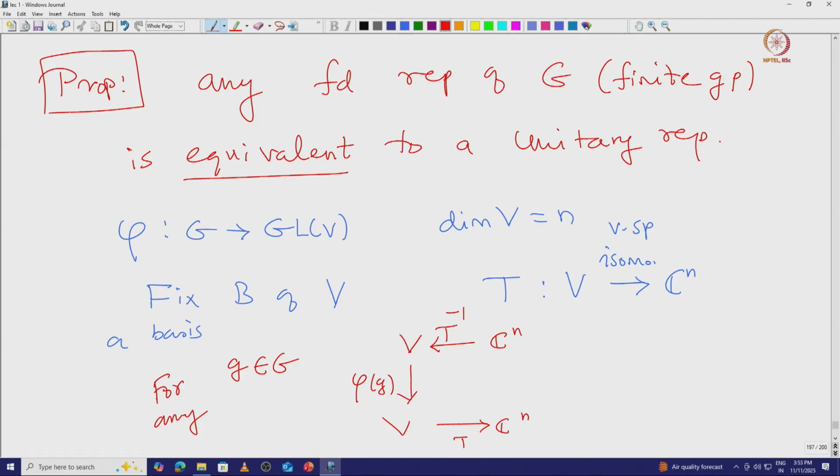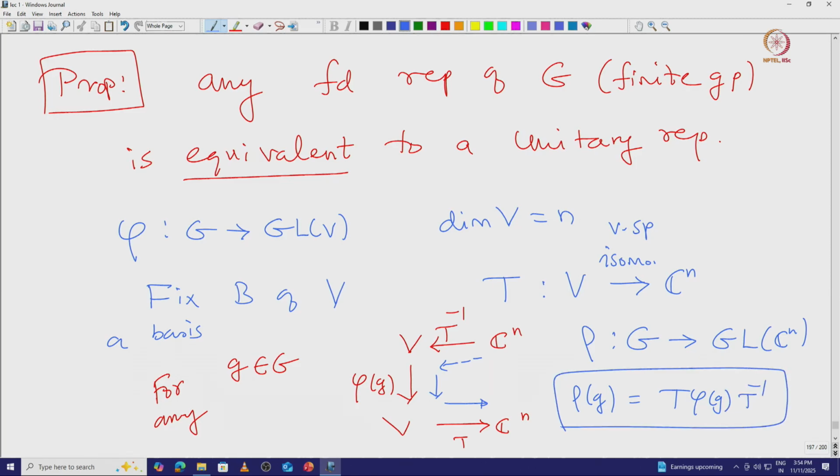We take first T inverse, then use phi of g, and then we come back to Cn again. So, that defines this new representation. Call it rho, which is a map from G to GL of Cn, where rho of g is defined to be T phi of g T inverse.